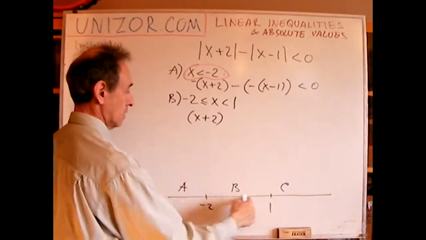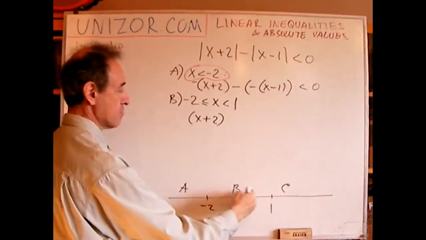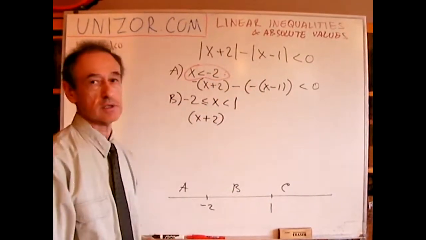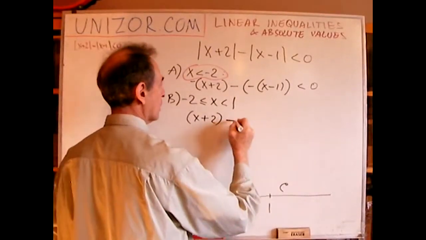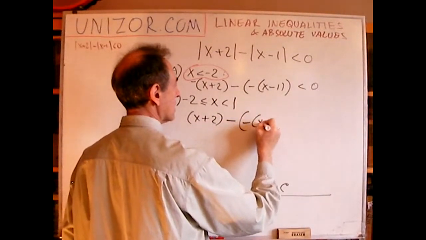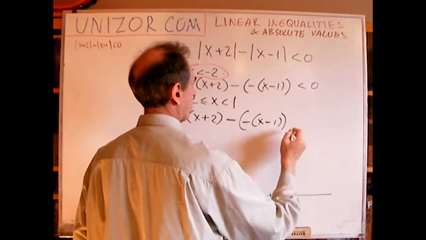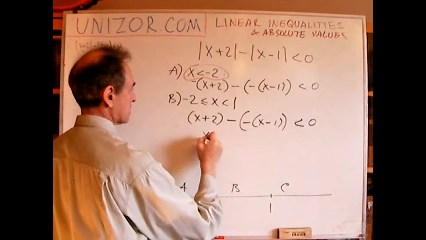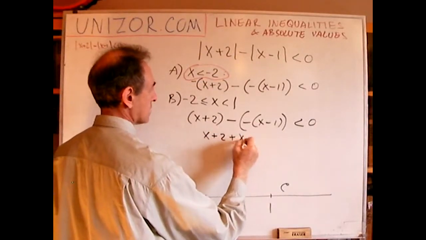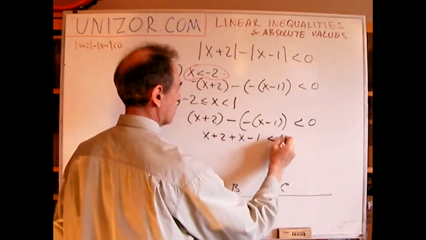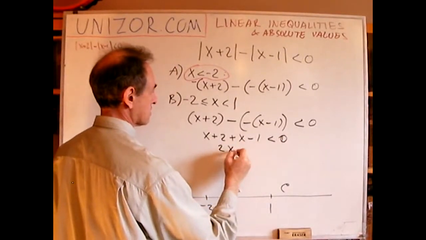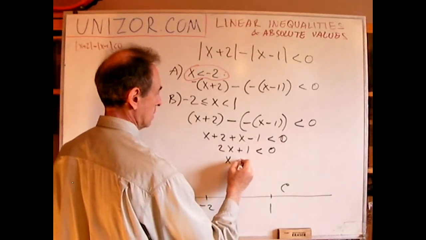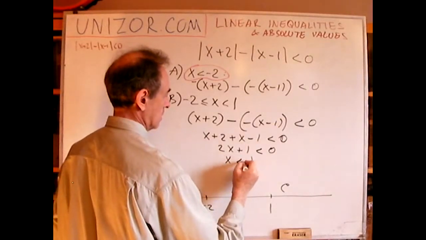Now, up to this point, which is where the B area is ending, this expression will still be negative, which means I should really replace it with its negation. So what's the result of this? x plus 2 plus x minus 1 less than 0, 2x plus 1 less than 0, x less than minus 1/2.